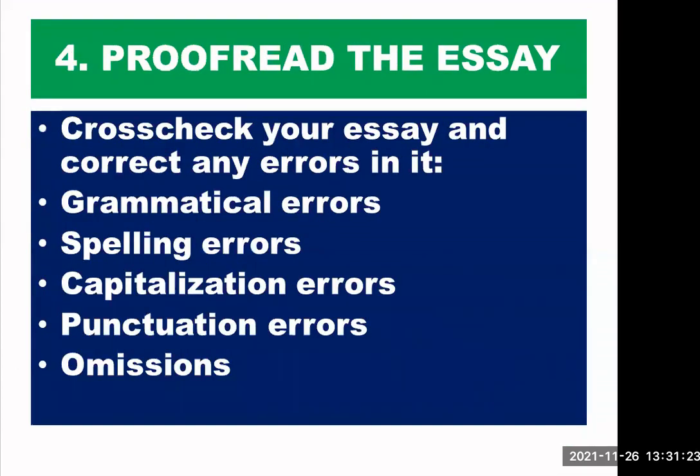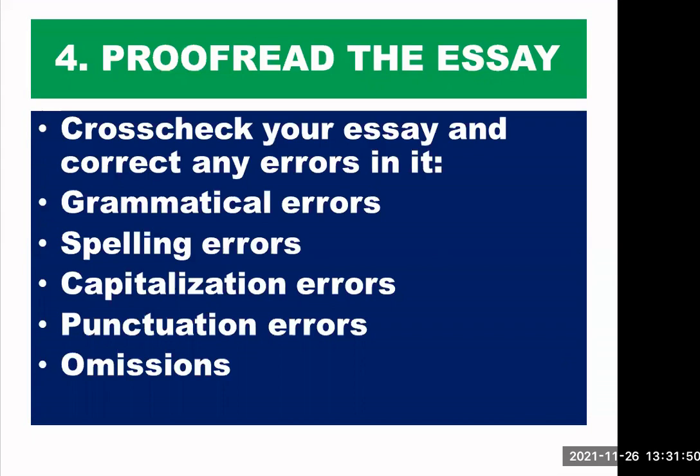The fourth step is to proofread the essay. And this means you have to cross-check your essay and correct any errors in it so you won't lose marks. Now, in most English exams, you lose half a mark for every error you commit, whether it's a grammatical error, a spelling error, error on capitalization, punctuation, or omission.